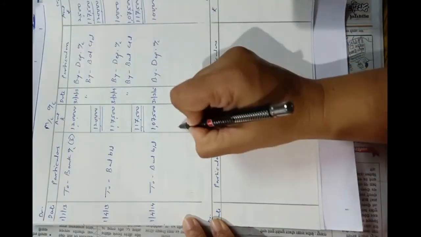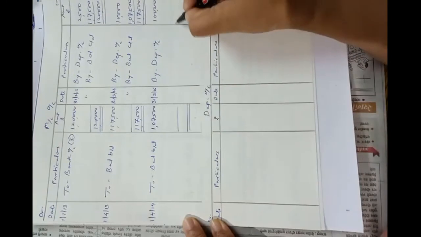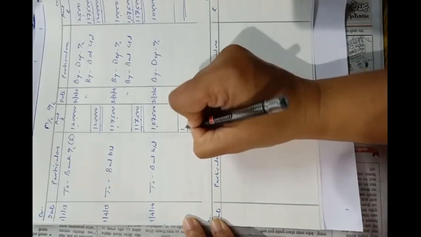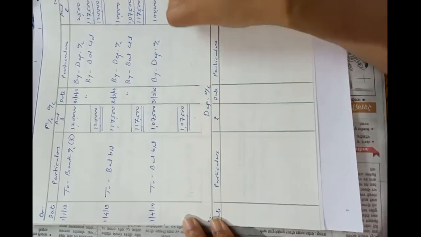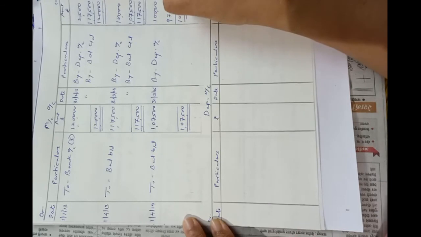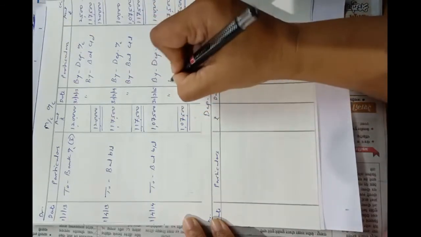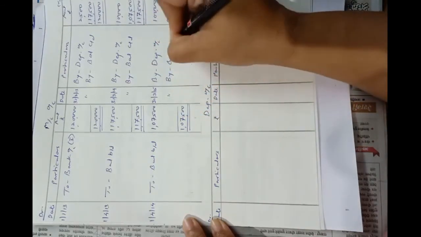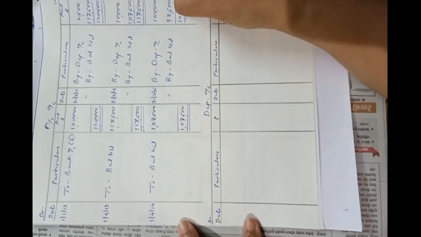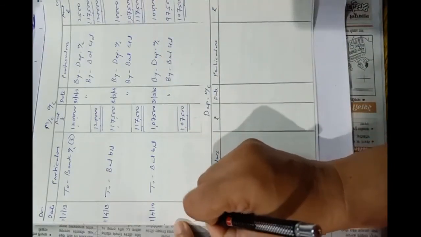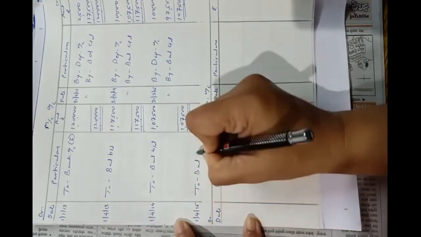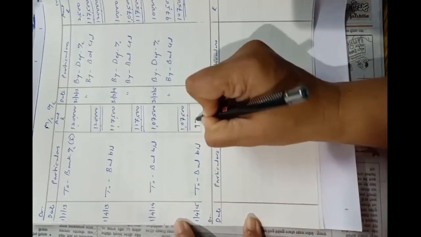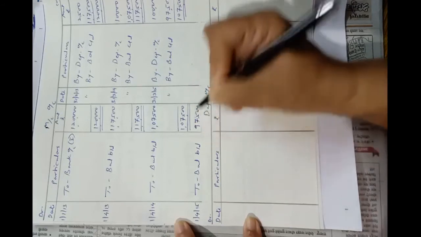So now we will tally 1,07,500 minus 10,000, so balance will be 97,500 on the same date, by balance carried down 97,500, and it will be brought down on 1st April 2015 to balance brought down 97,500. Okay.